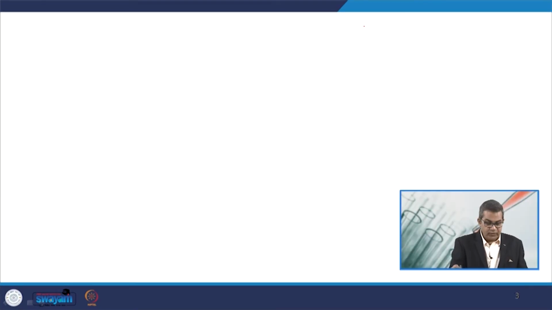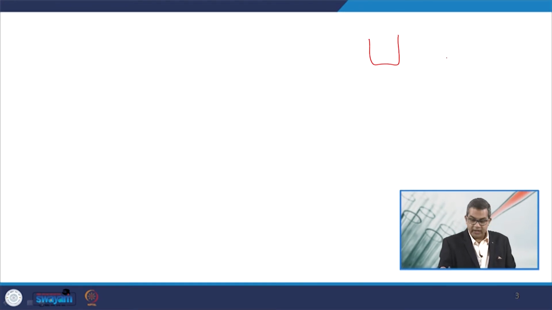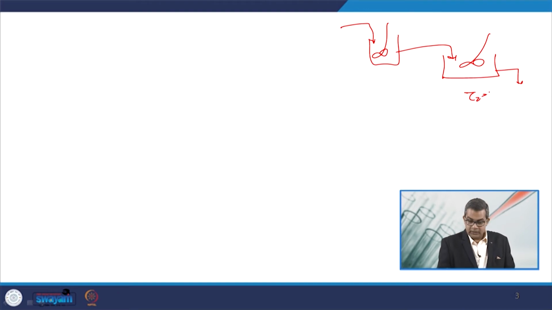It is given that we have two MFR in series, so it is advisable to first have a pictorial representation. These are my two MFR. Here tau is given as 2.5 minutes, and Ca1 is 0.4, Cr1 is equal to 0.2 and Cs1 is 0.7.